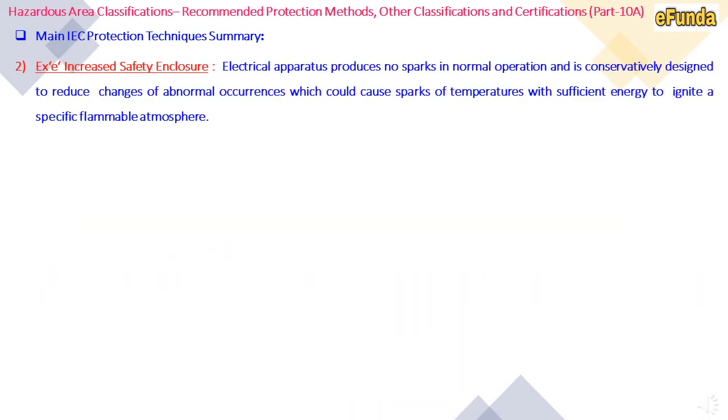Increased safety enclosure. Electrical apparatus produces no spark in normal operation and is conservatively designed to reduce chances of abnormal occurrences which could cause a spark or a temperature with sufficient energy to ignite a specific flammable atmosphere.